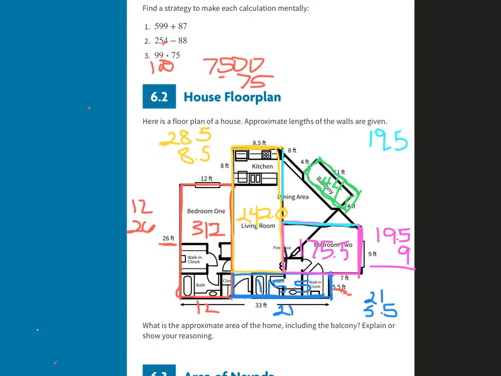The height here is the height of the yellow, 28.5, minus the height of the pink, which is 9. We get 19.5. So it's 19.5 times 19.5. But it's a triangle, so we have to divide that by 2. So 19.5 times 19.5 gives me 380.25, but then I have to divide that by 2 because it's a triangle. And I get 190.125.